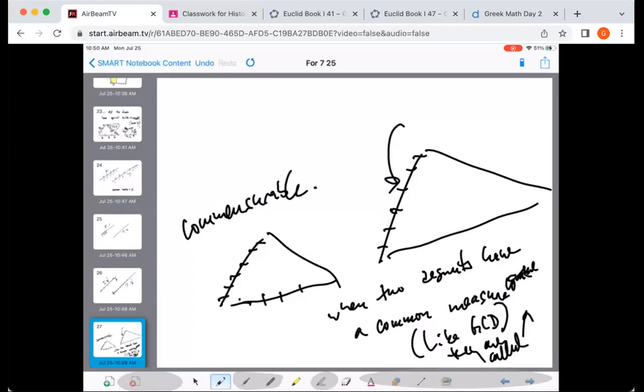And it seems pretty obvious that any two line segments will be commensurable, because if you have to use a tiny measurement, you'll use a tiny measurement as the thing.